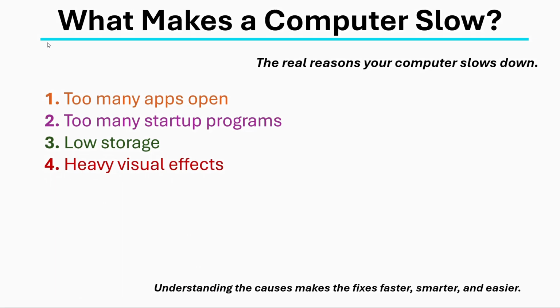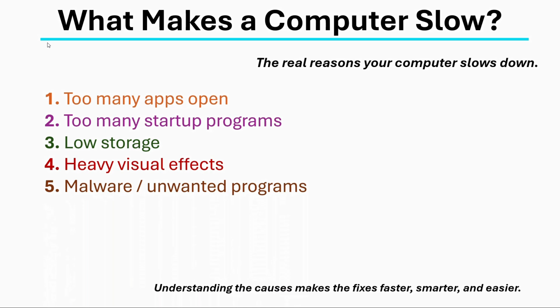Animations and graphics are like trying to decorate every shop with bright flashing lights. Beautiful, but heavy for older computers. Number five, malware or unwanted programs. These act like troublemakers moving around the town secretly, using resources and slowing everything down.